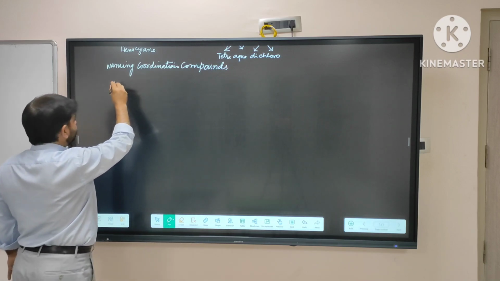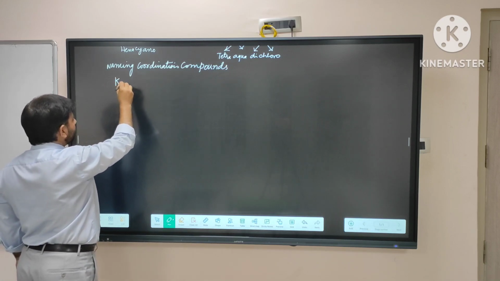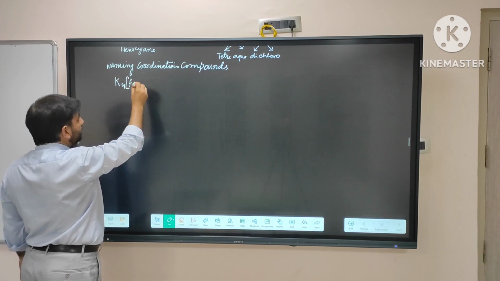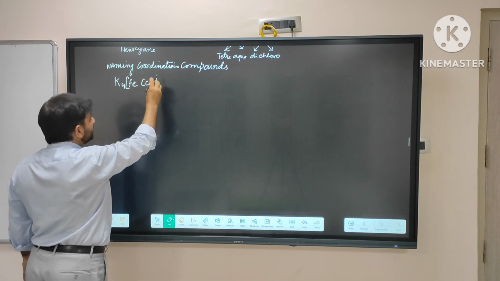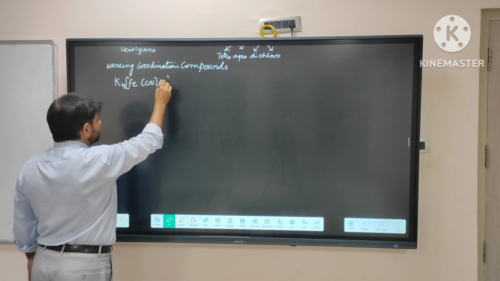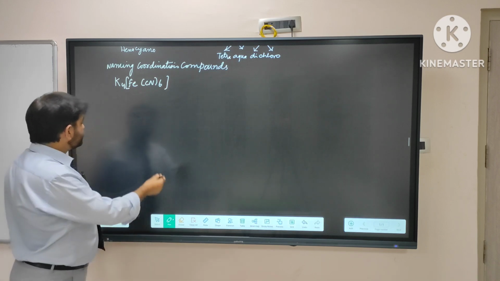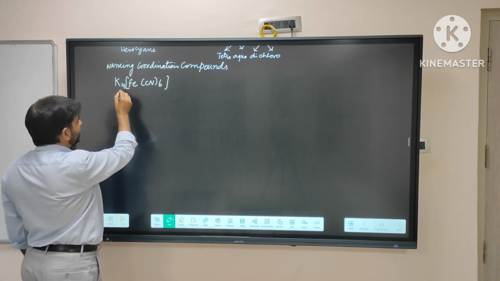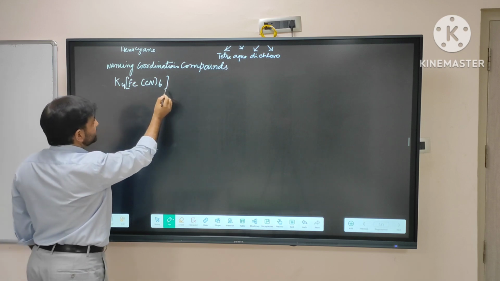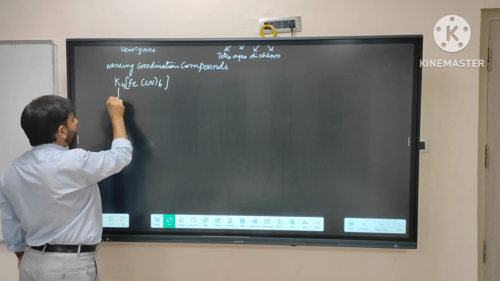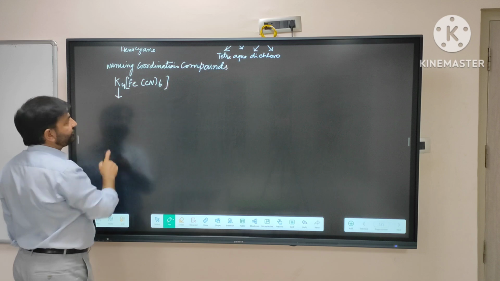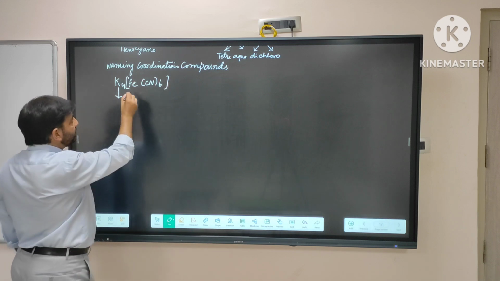The first example I have given, for example K4 Fe(CN)6. So this is the coordination compound, how to name it? First we have to see, this is the counter ion, it is outside the sphere, this is the coordination sphere. So this is the first part I am going to name.